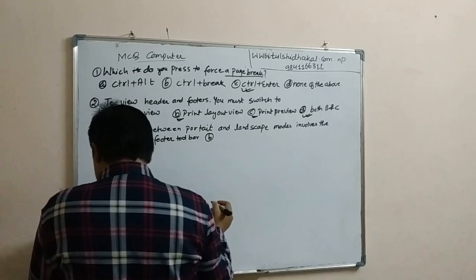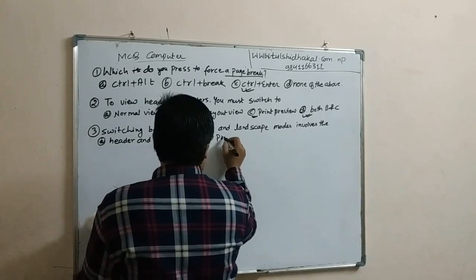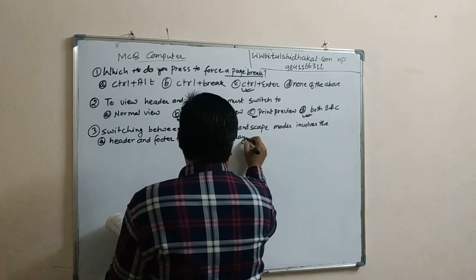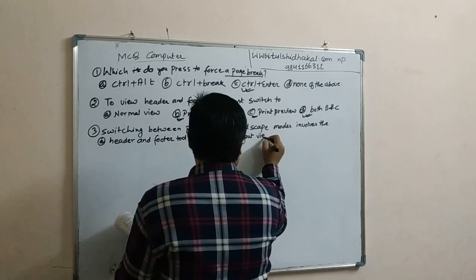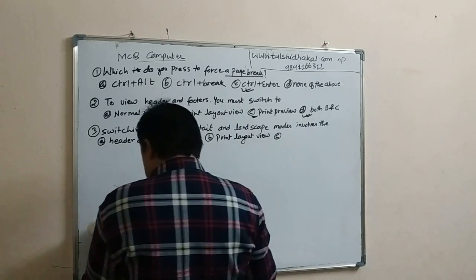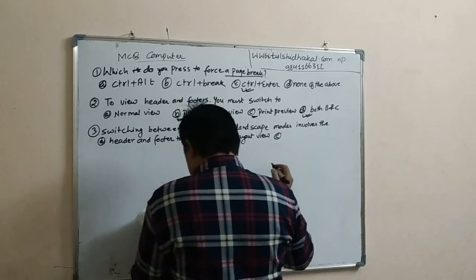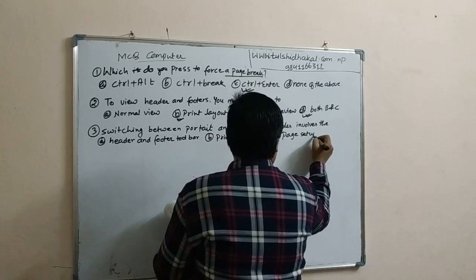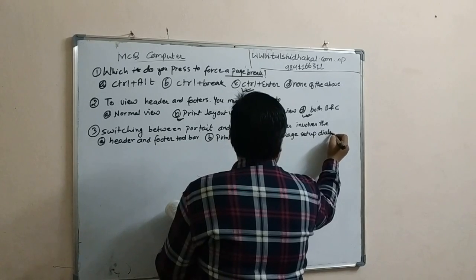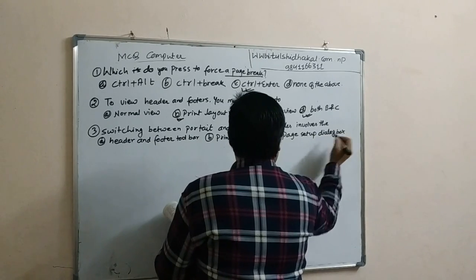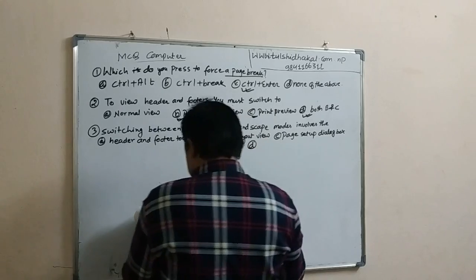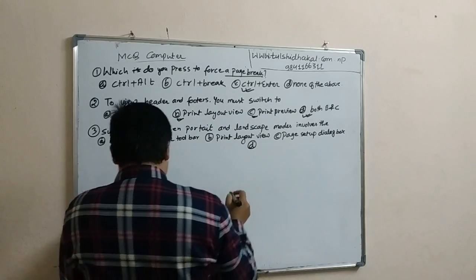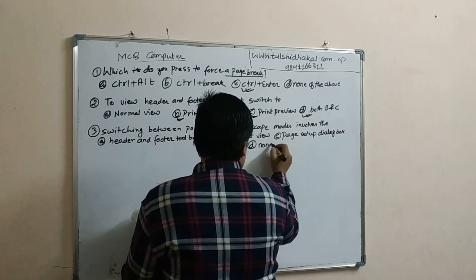Option number B, print layout view. Option number C, page setup dialog box. And option number D, none of the above.